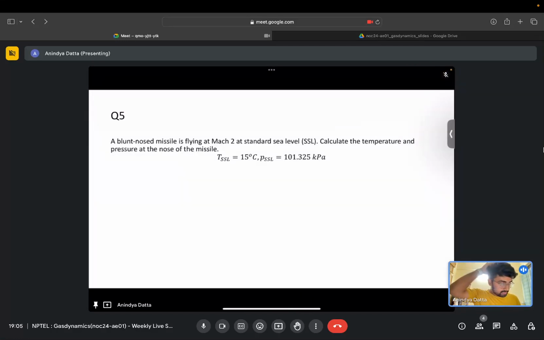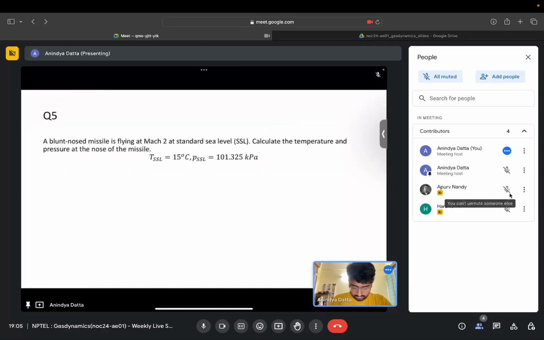The question is, a blunt nosed missile is flying at a Mach number of 2 at standard sea level. Calculate the temperature and pressure at the nose of the missile. So how will we proceed with this problem? Stagnation conditions, yes.